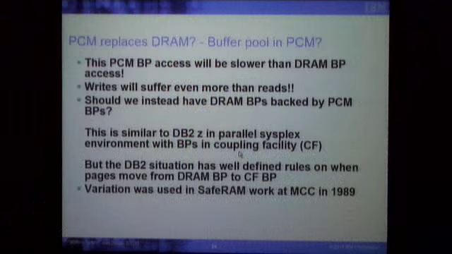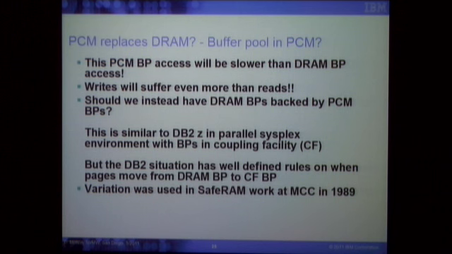Okay, so the other question that comes up in this context is, should you replace your existing DRAM buffer pool with a PCM-based buffer pool, or should it augment an existing buffer pool? And that's where I said you could even think of having side-by-side both the DRAM kind of memory as well as a PCM-style memory.